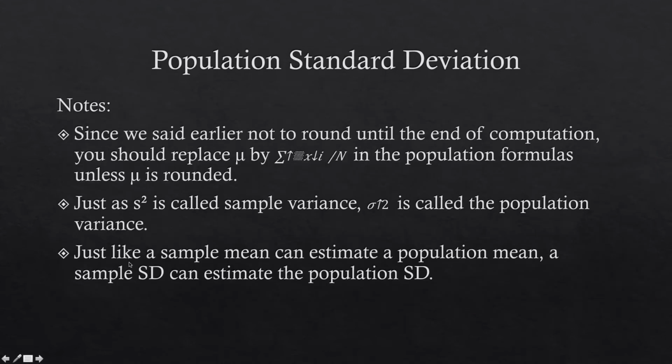Alright, so some notes. Since we said earlier not to round until the end of computations, remember, if you round before that, it's going to skew your data and mess up your estimation.